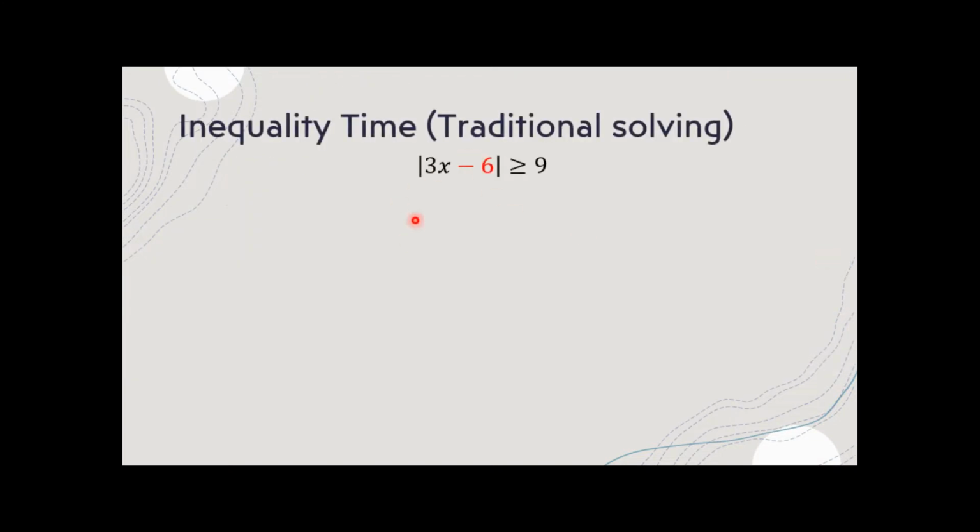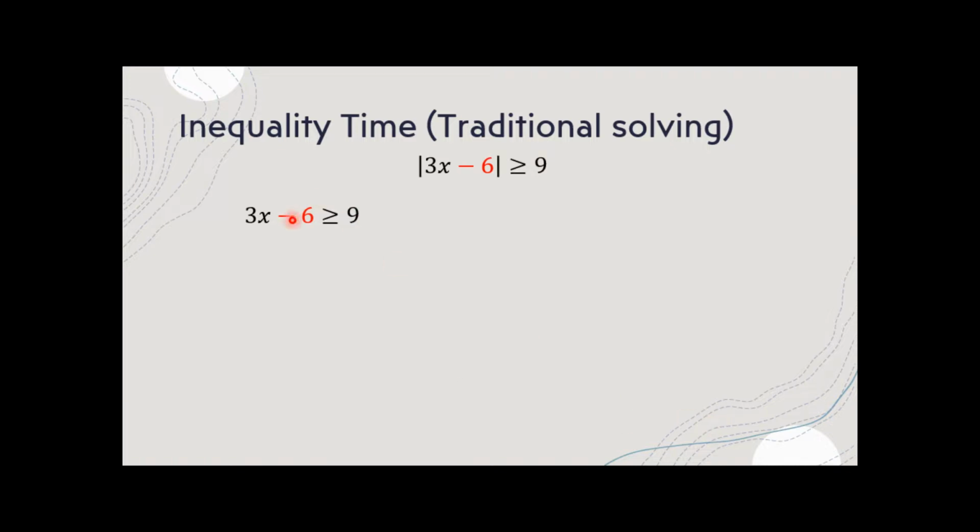All right, so let's have a look at it. We're going to solve this traditionally. We have 3x minus 6 on the inside, and we have it being greater than 9. Since we don't have to do any forced simplification, we can just bring that right on down. Now, we could divide by 3, 1, 2, 3 terms, or we can just move the 6 over.